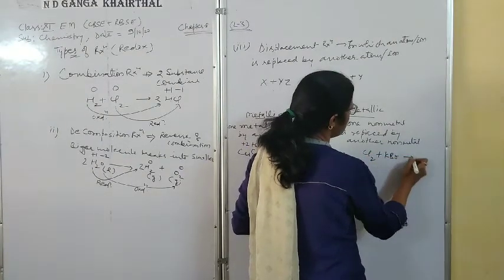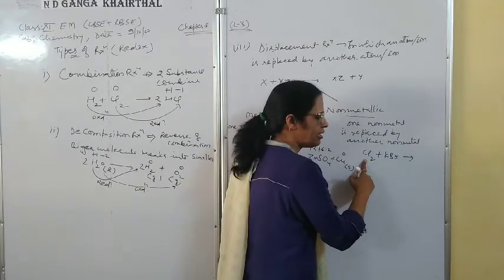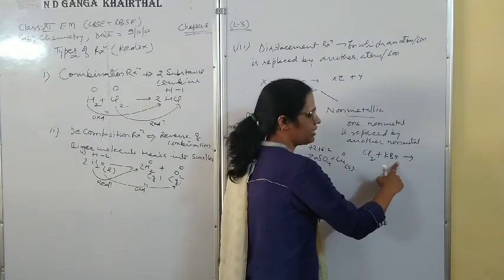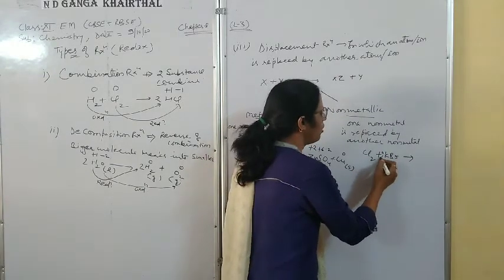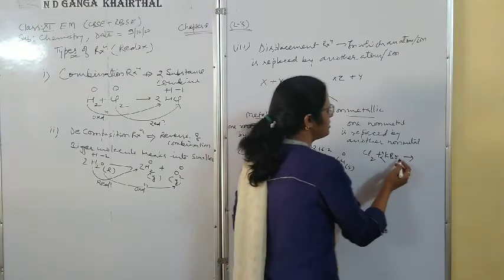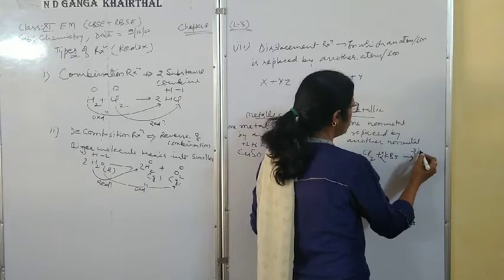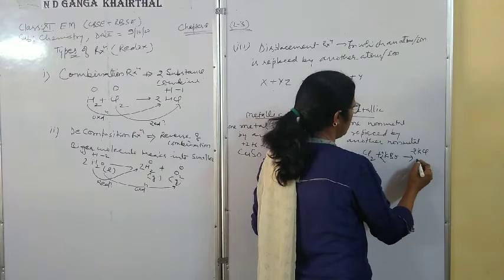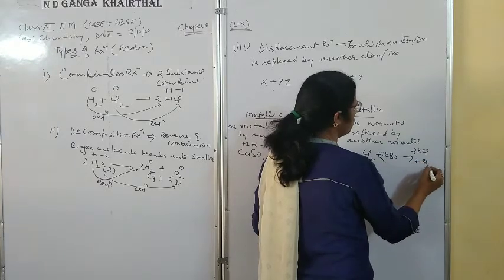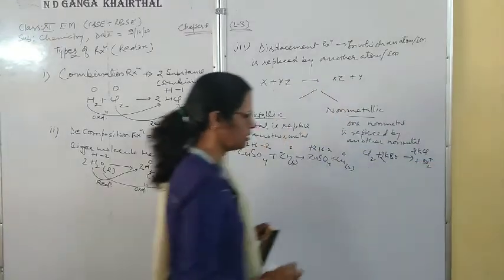So it's a reaction. Here Cl is a non-metal, potassium is a metal and Br is a non-metal. So what will be going on? This Cl replaces this bromide. Okay? So we will get 2KCl plus Br2. Clear?